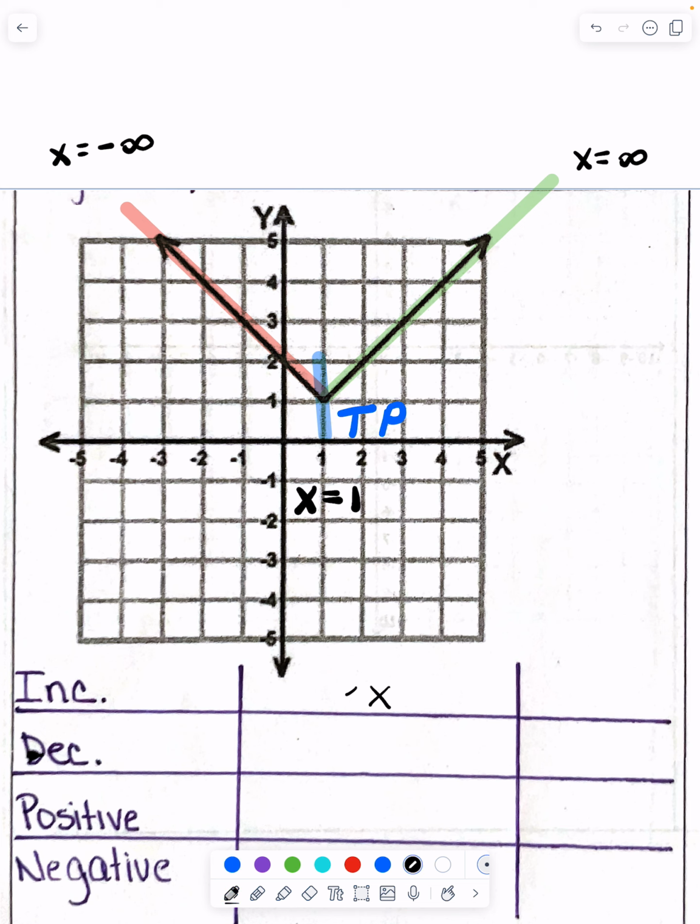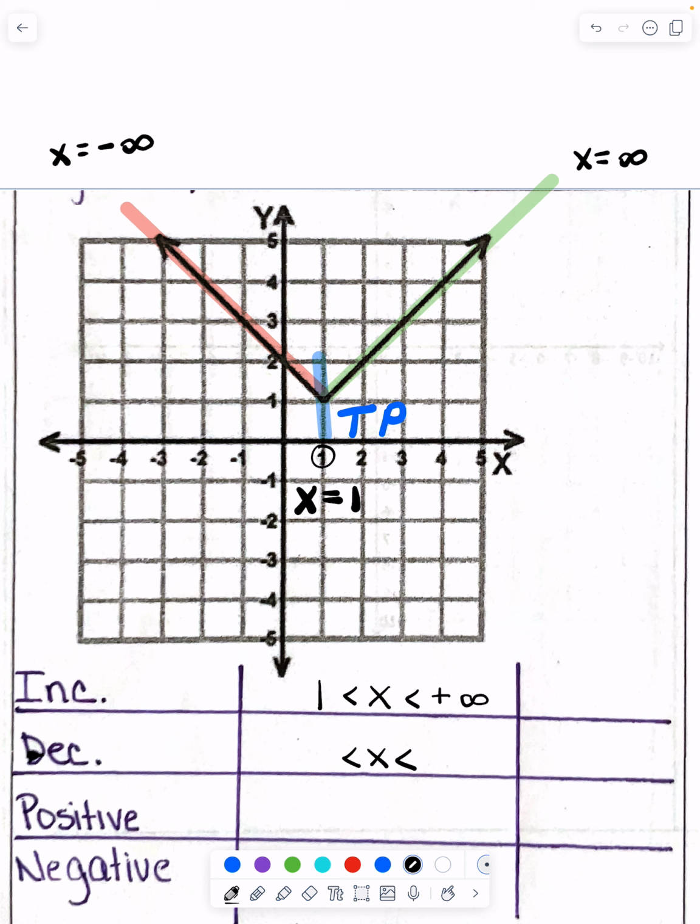Between which two numbers? And then when was it decreasing? This one here started increasing just after x was 1, and it continued to increase all the way until we get to positive infinity, wherever that may be.